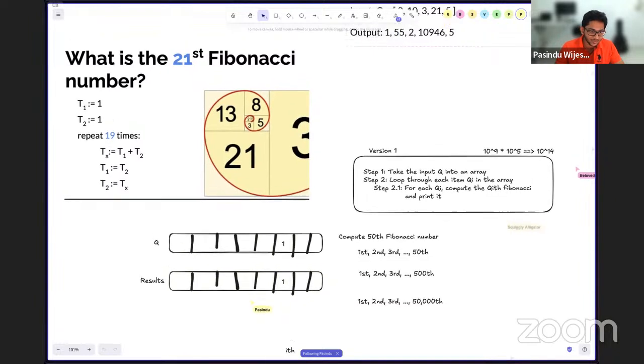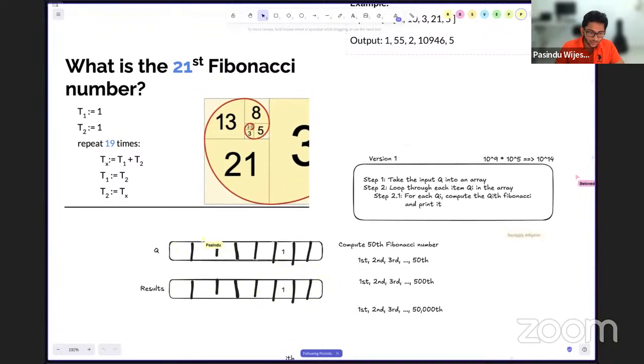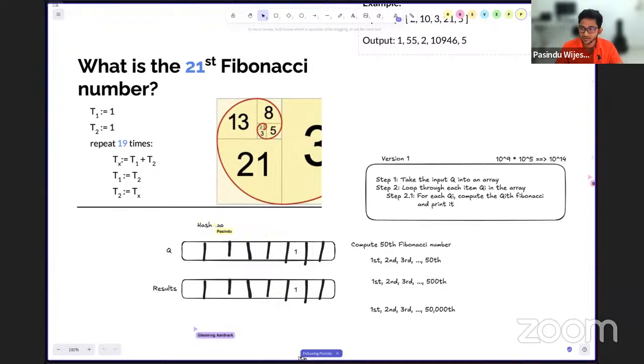Now there was a black box where we did not talk about how you can figure out if an ith element is there in this queue. The way to do this is using what's called a hash map. I hope you had a chance to talk about hash maps during the data structures you discussed in the previous workshops.